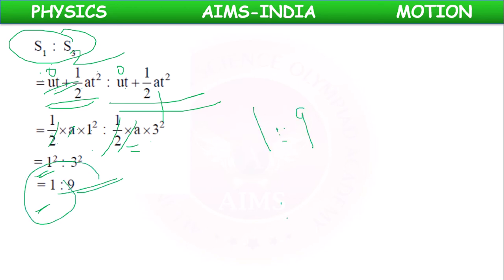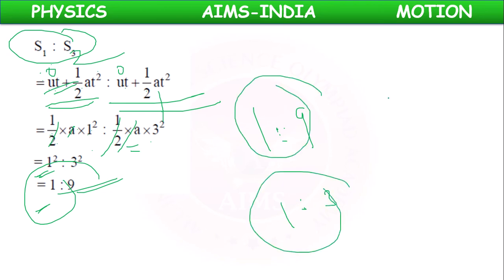So indirectly, if the ratio of times is 1 is to 3, then the ratio of distances covered will be equal to their squares, 1 square is to 3 square, if the body is starting from rest and moving with uniform acceleration.